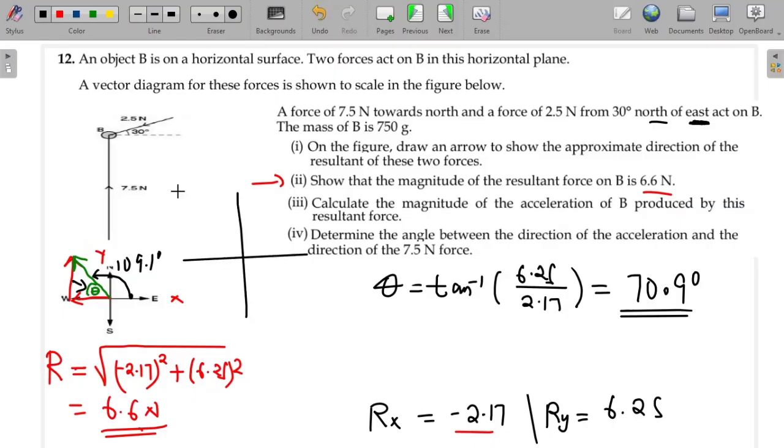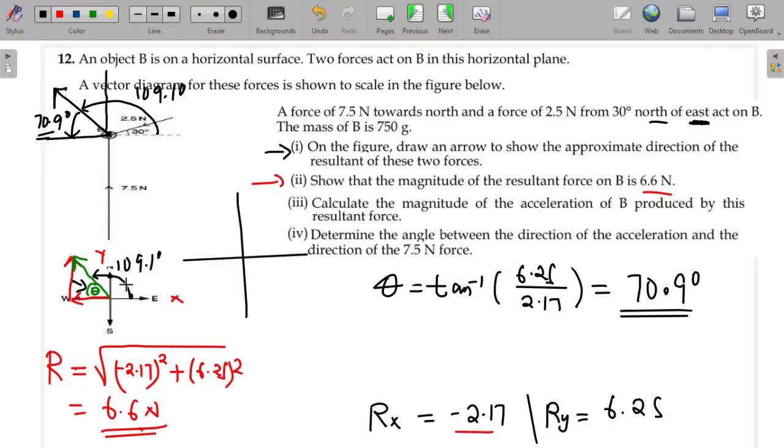If I extend this like that, the resultant will be like this, and the angle from here all the way to there will be 109.1 degrees. Or the angle that is there is 70.9 degrees. Done. We're done. What else do we have to do here? Nothing else.